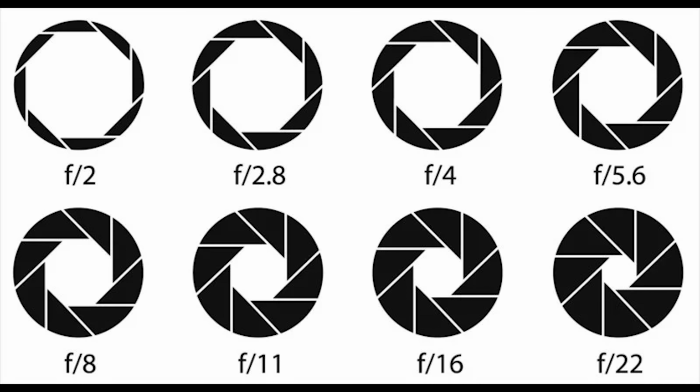Now, this may give you a blurry background. A large f-stop value, for example f16, means a small aperture opening, allowing less light in and creating a deep depth of field. More of the image is in focus.